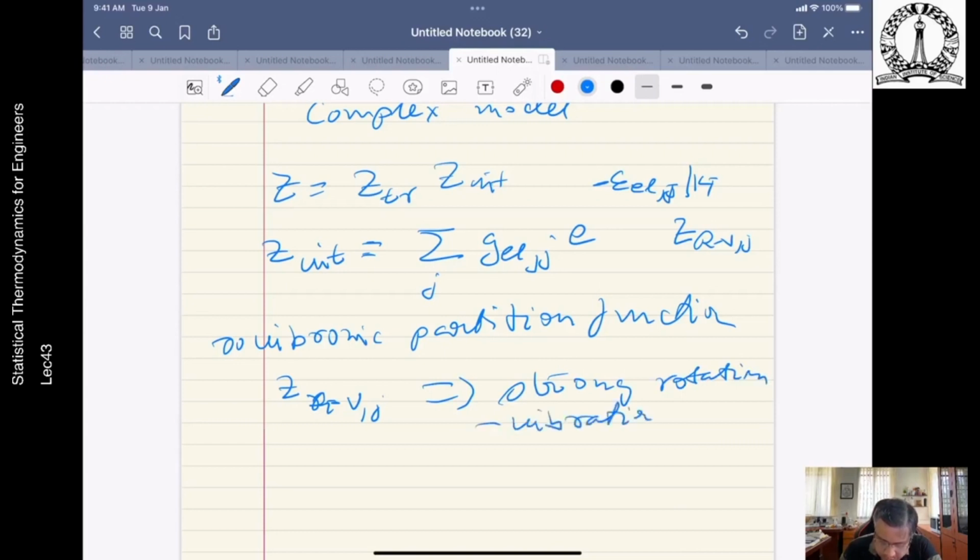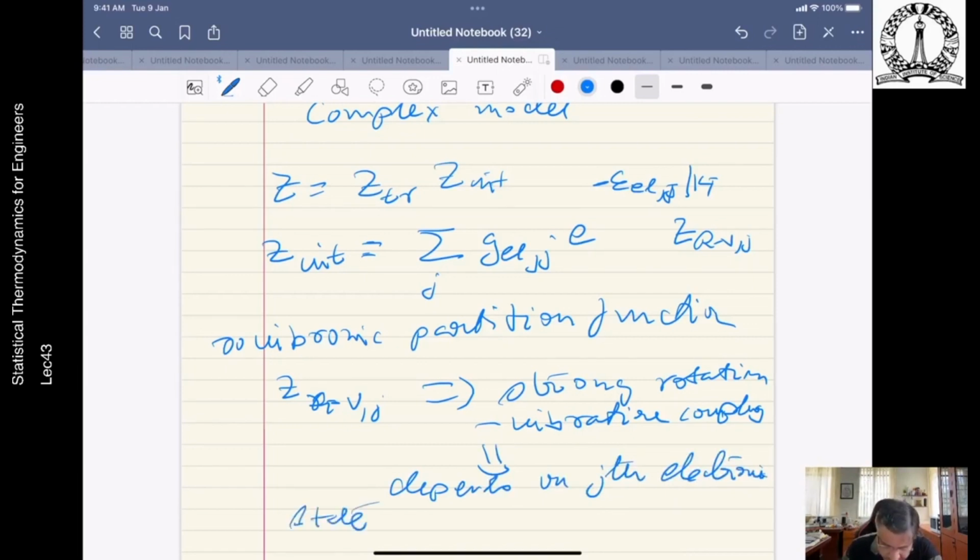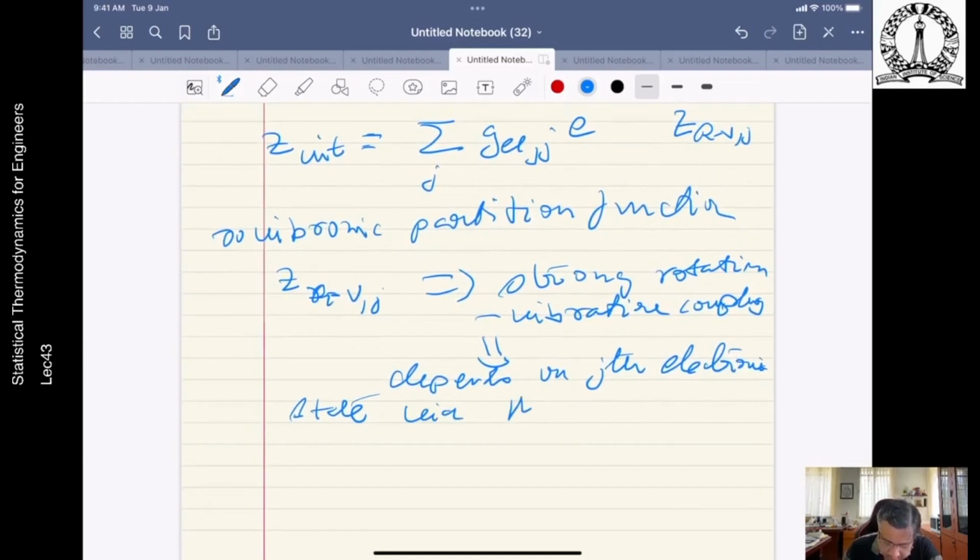It explicitly depends on the jth electronic state via the influence of its Morse potential on both the vibrational and rotational energy modes. So it depends on the jth electronic level, electronic state, via the Morse potential, which affects both the rotational and the vibrational modes.